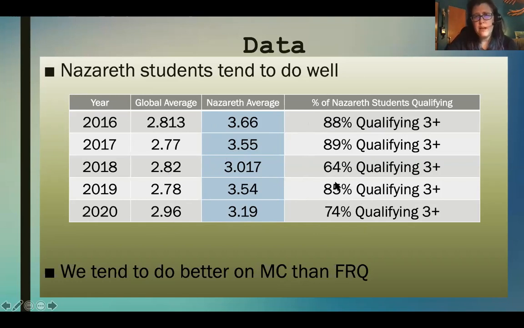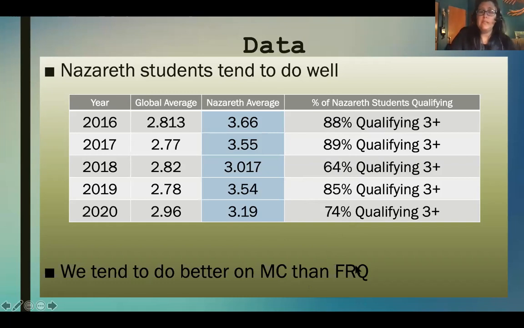And you can see that we tend to do pretty well, and some years are better than others. Certainly, we would all be happier if we were more up here consistently every year. But some years were a little bit lower than that. Overall, we do very, very well, and that's something to definitely be proud of.